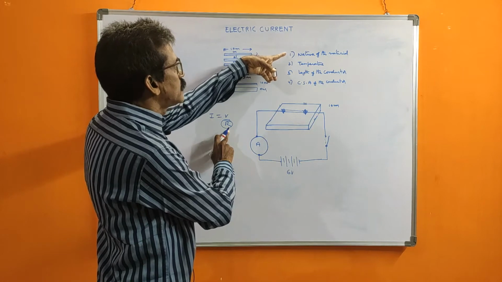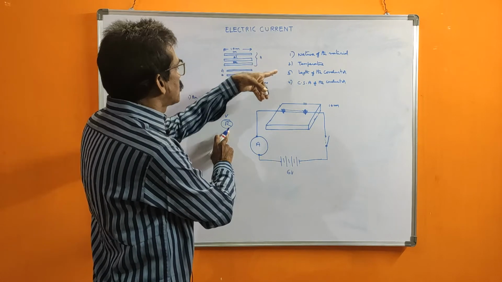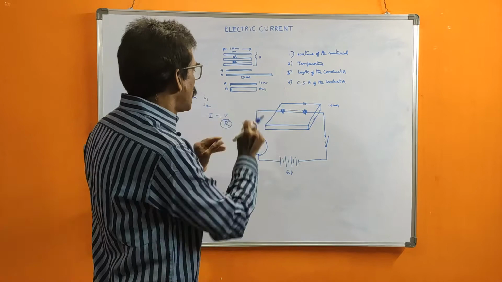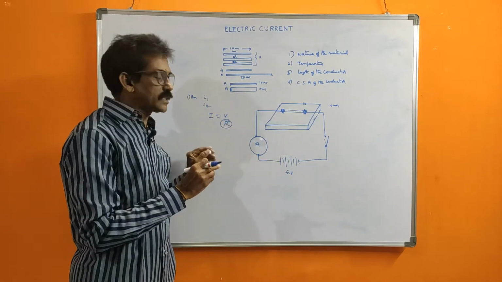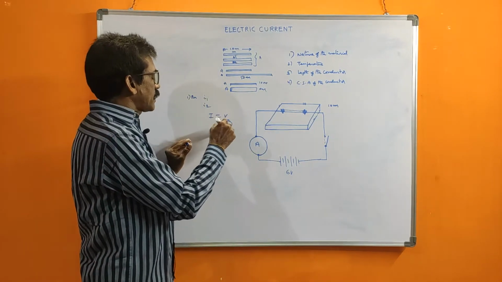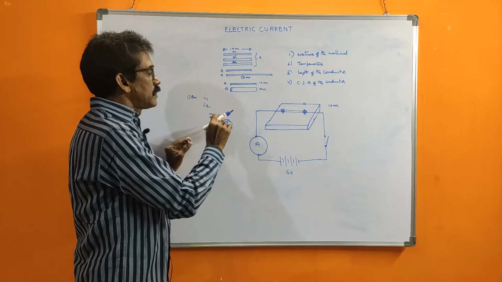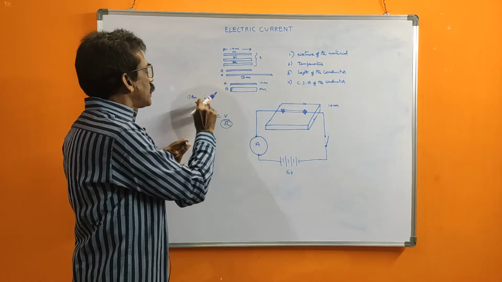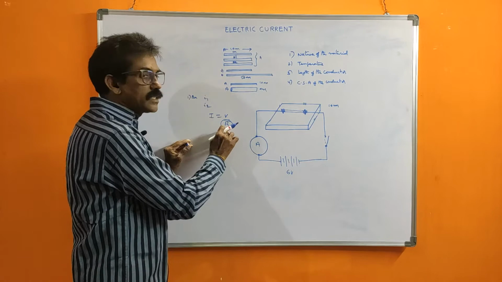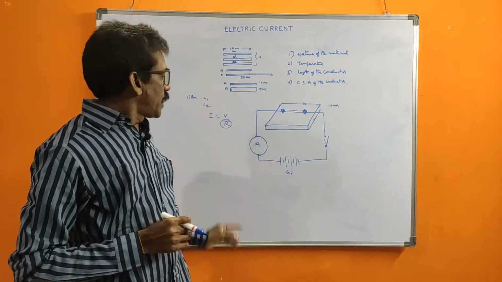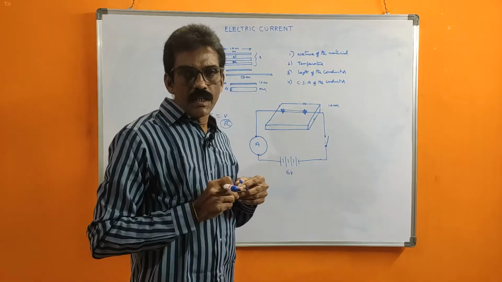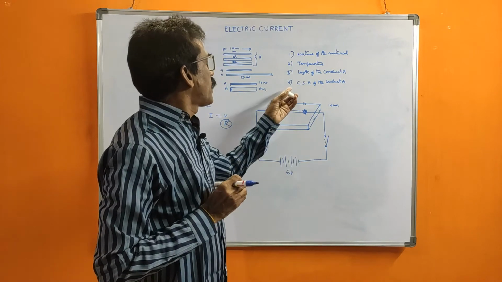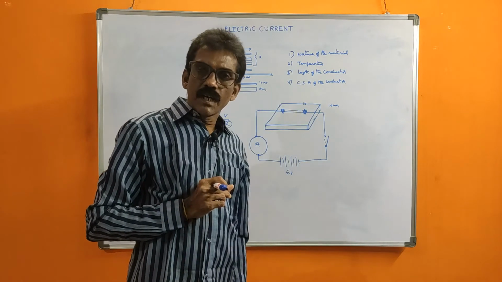What changed? Thick wire, thin wire. That means the cross sectional area changed. Because of the cross sectional area, the resistance changed, and because the resistance changed, the current changed. This change in current indicates the change in resistance. So by this we can confirm the resistance of a conductor depends upon the cross sectional area of the conductor also.